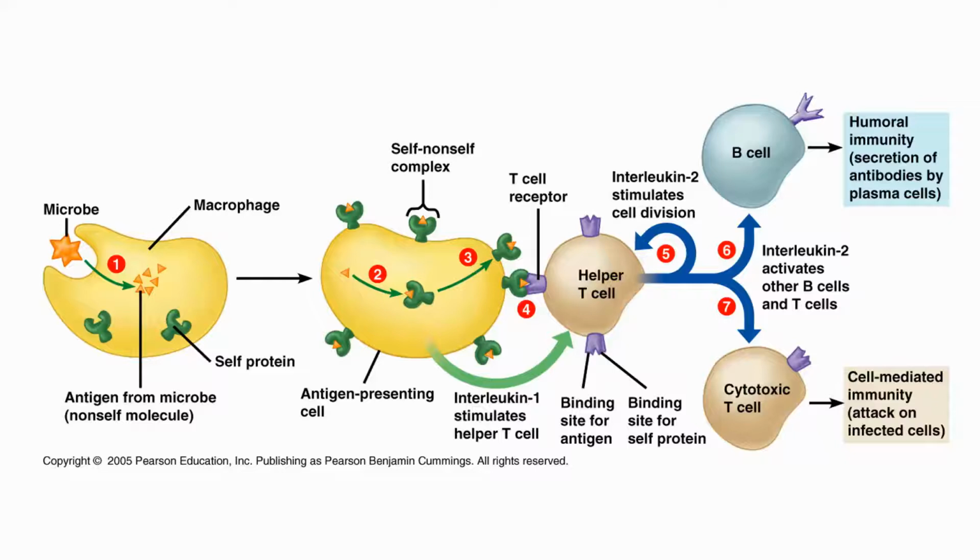That's going to trigger those helper T cells to reproduce. So you're going to get a lot more that have that same receptor. And those helper T cells are going to then, in turn, activate B cells, which make antibodies, and cytotoxic T cells. B cells, they're just making antibodies. Cytotoxic T cells eat infected cells. So that's the sacrificing yourself for the good of everyone else.